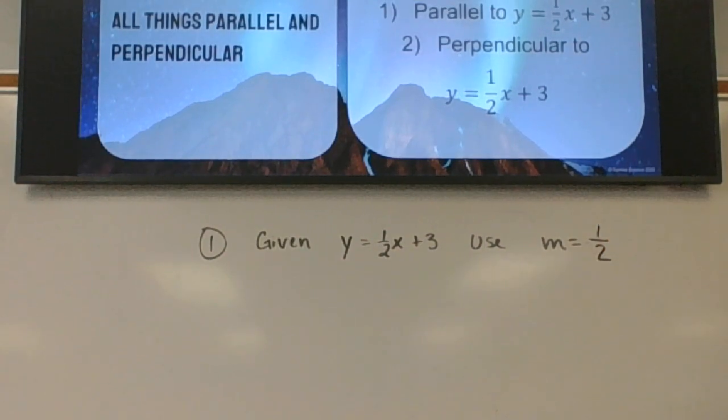Well done. Given y equals 1/2 x plus 3, we'll use m equals 1/2, and that's because we want to be parallel to this line. And parallel lines have the same slope.